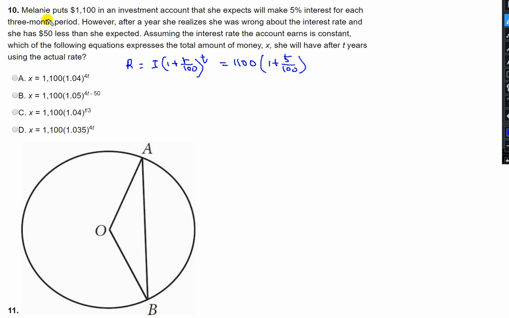T is 3 months, which is considered T equal to 1. T equal to 2 means 6 months. So 1 year, T actually becomes 4. Every 3 months becomes 1 time unit. So in this case it becomes 4. So let's simplify this and see how much I will get.